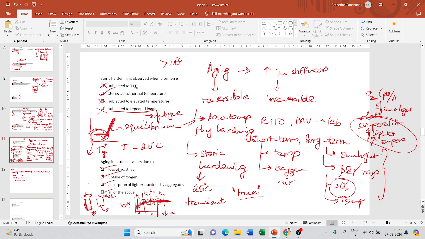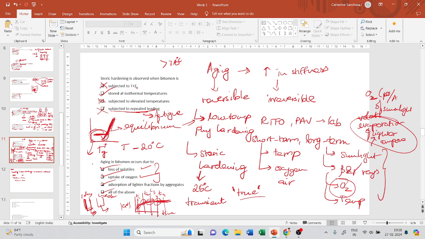When you do a laboratory simulation of aging, you will try to simulate only this loss of volatiles and this uptake of oxygen, because you are doing it in the laboratory only on bitumen, right? So you're not doing it on aggregates, bitumen plus aggregates. That you will do on aging of bituminous mixtures.